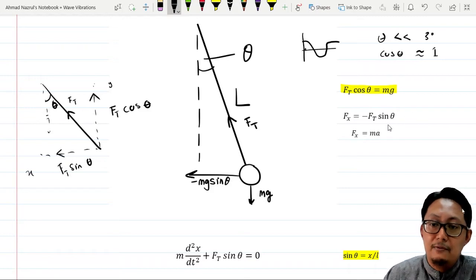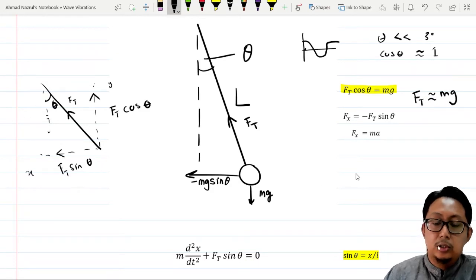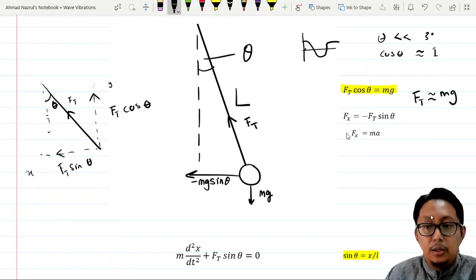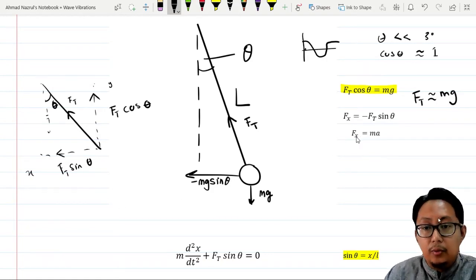So Ft is really near to mg. For the x axis, we have Ft sin theta, where Ft is mg, and Fx equals ma, since it is the motion of the pendulum itself.